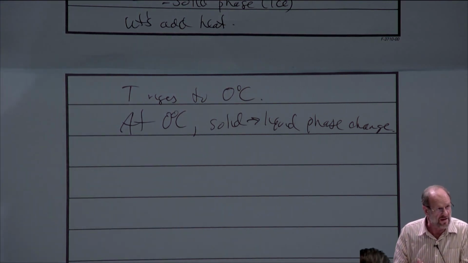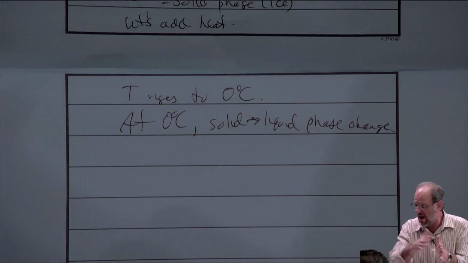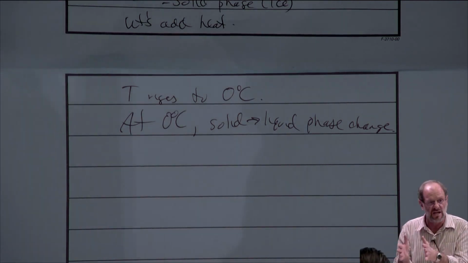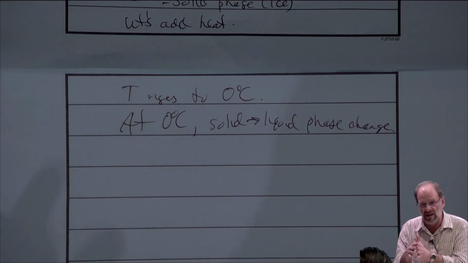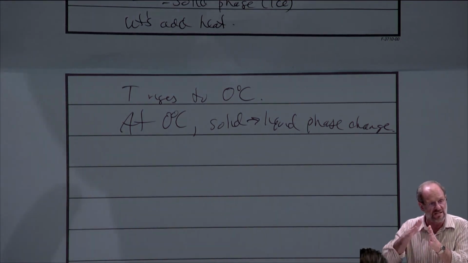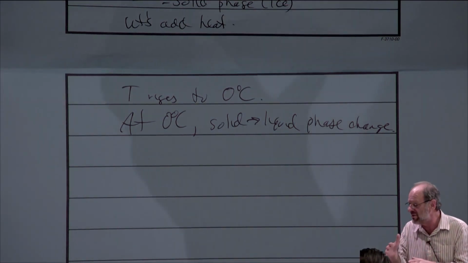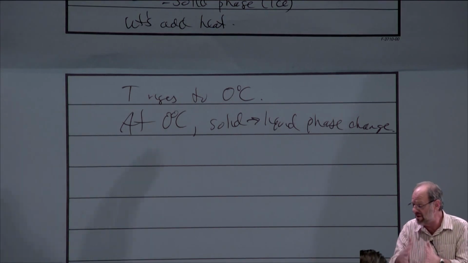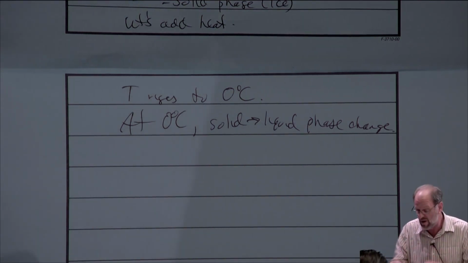It doesn't work that way, okay? You go all the way up to 0 degrees, and at exactly 0 degrees, the phase change begins. You will have part liquid and part solid water, and you'll still be at 0 degrees Celsius. It's not until you get past the melting that all the ice has melted, and you actually have liquid water finally.